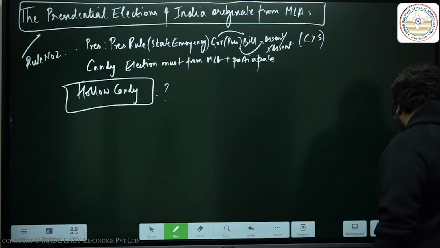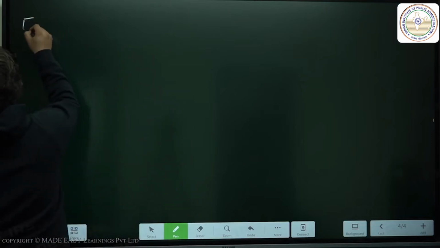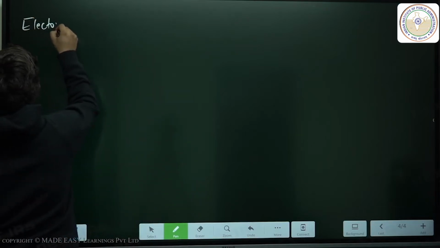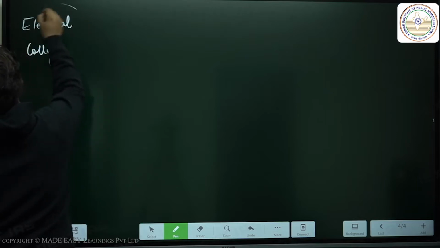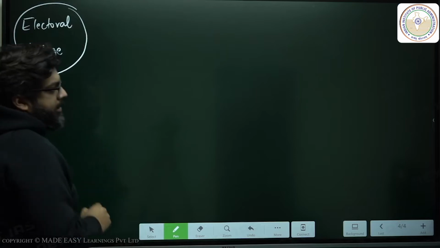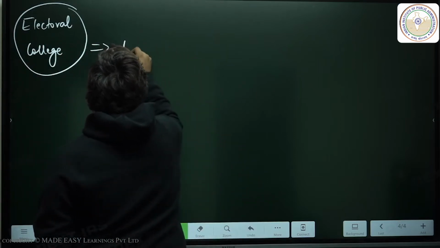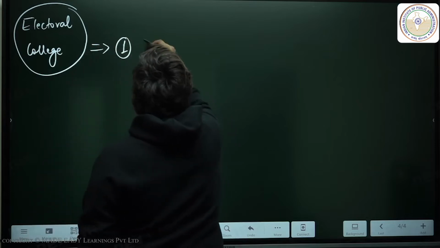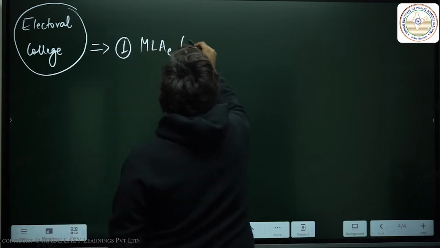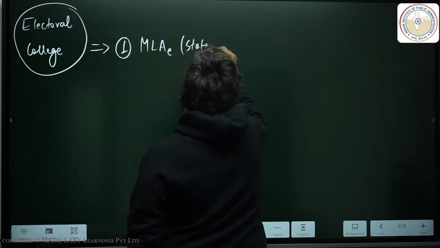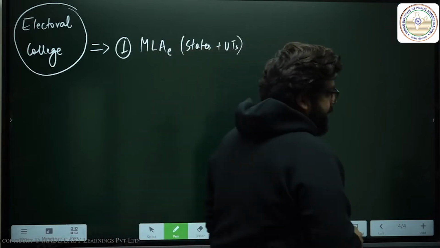Okay? So this means the electoral college, as far as the president is concerned, consists of number 1, elected MLAs from all states and union territories which have legislatures.